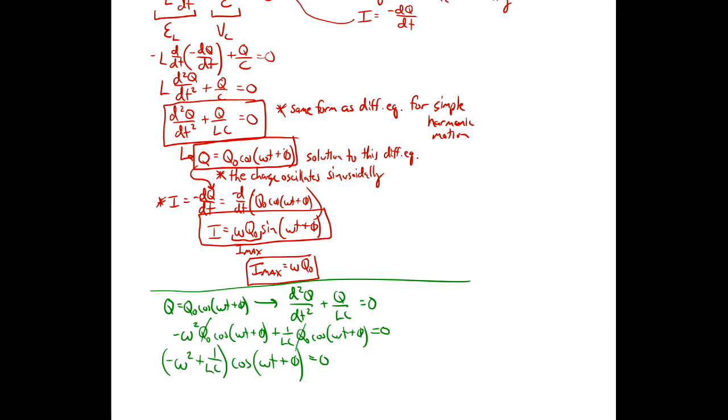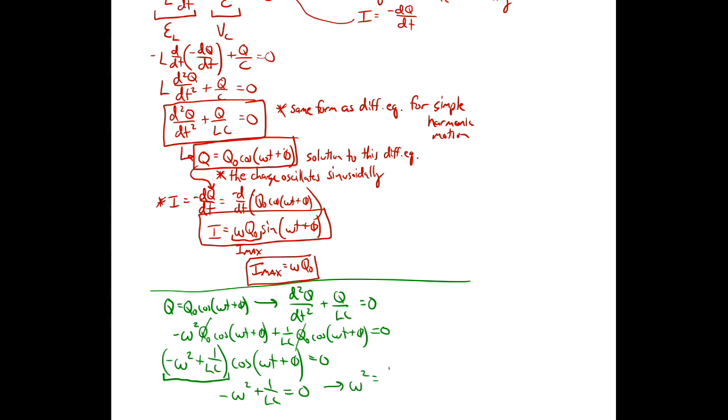And plugging the charge into the differential equation leads us to one other thing. If this is going to always equal 0 for all times, that means this first multiplier has to be equal to 0. So we could say minus omega squared plus 1 over LC must be equal to 0, and we can solve that for omega.